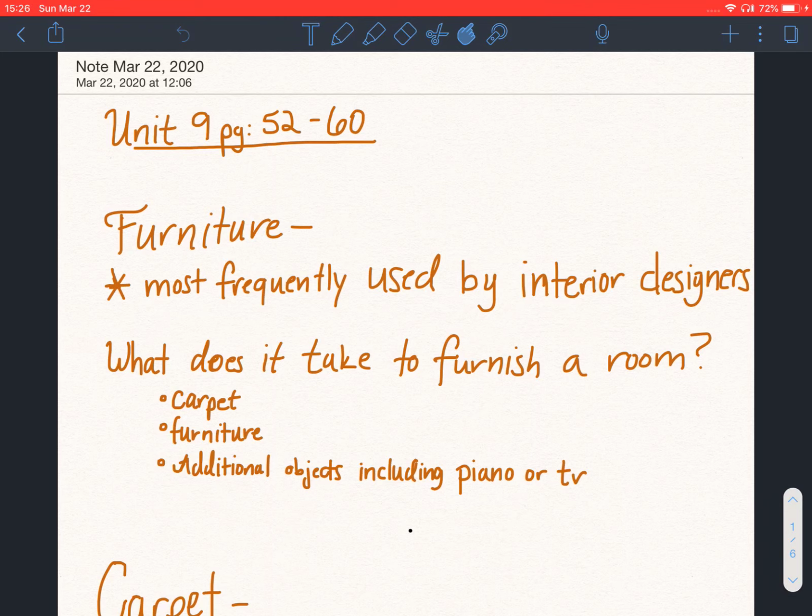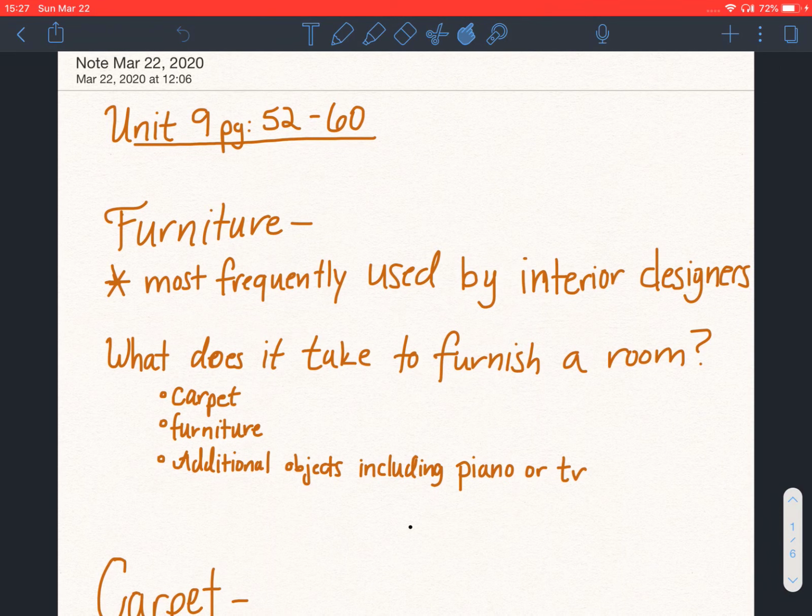First and foremost, what does it take to furnish a room? It takes carpet, furniture, additional objects including piano, TV, trash cans, whatever you want to put in your room. And each thing has a specific dimension.